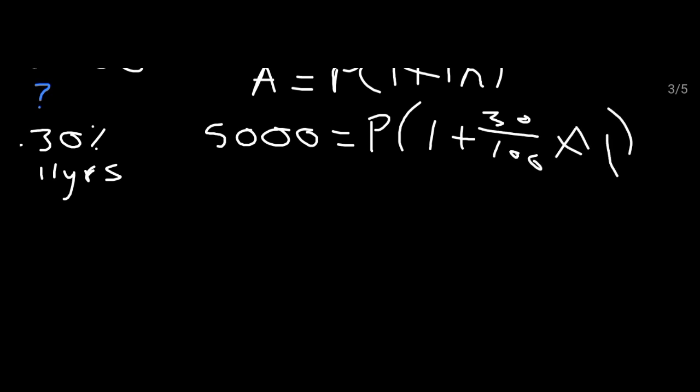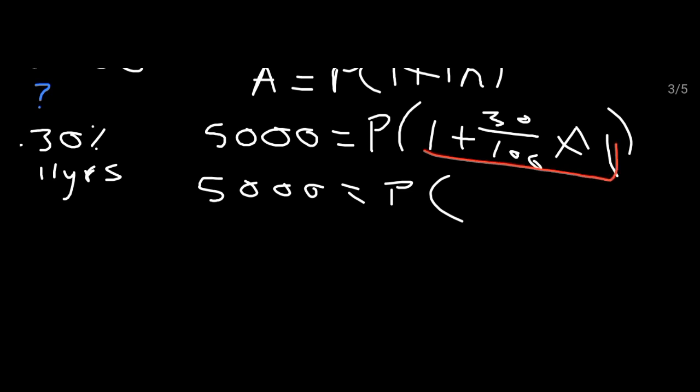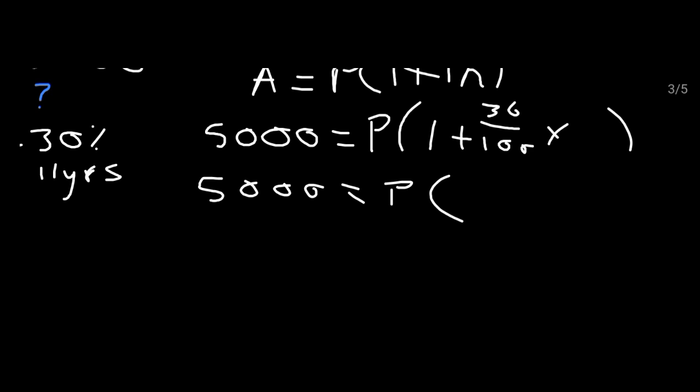So you can rewrite this step: 5,000 equals P open bracket, then instead of dividing, enter all these values in the brackets on your calculator: 1 plus 30 over 100 multiplied by 11, and then it will give you 4,3.